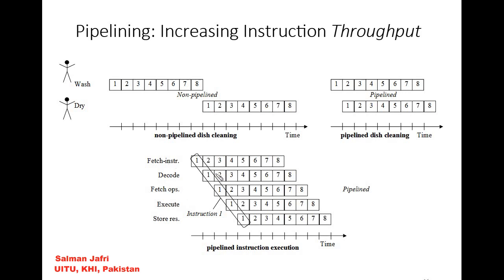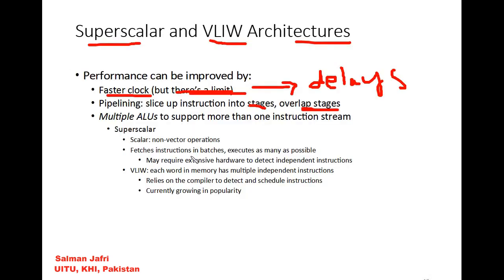So these three stages were overlapped by instructions 1, 2 and 3, each being in a different stage. So this is parallelism. Pipelining results in parallelism.